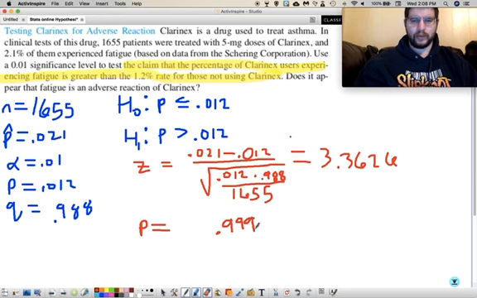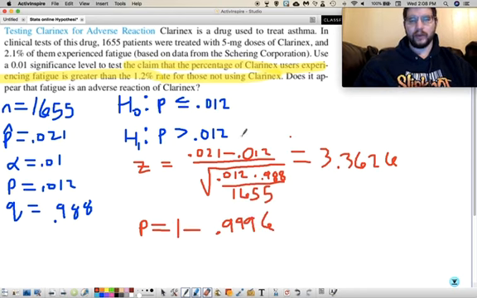But that's not what p is. It's 1 minus that, because we're given the area to the left. We need to get the area to the right of that test statistic. So 0.0004. There we go.